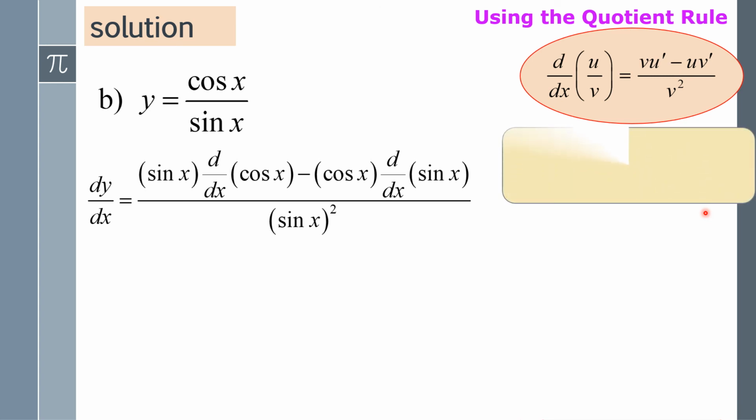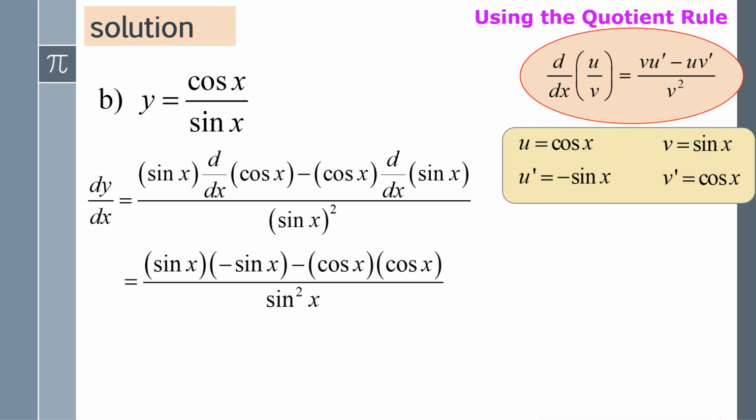Then we let u be equal to cos x. Then differentiate u, we get negative sin x. Then we let v be equal to sin x. Differentiate sin, we get cos x.